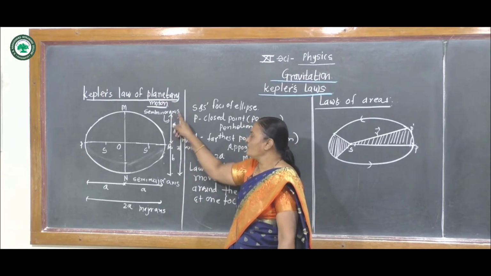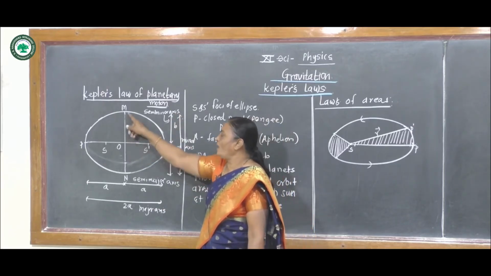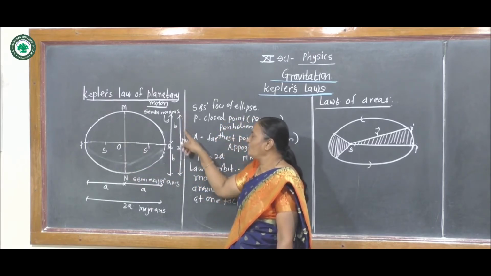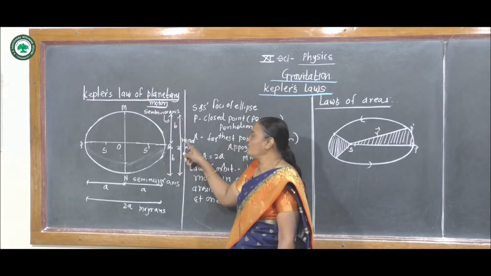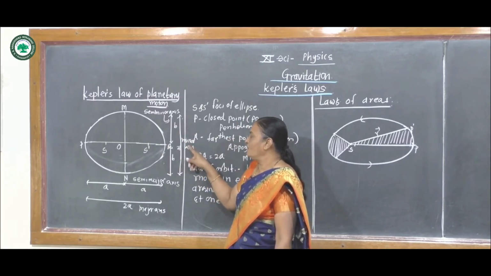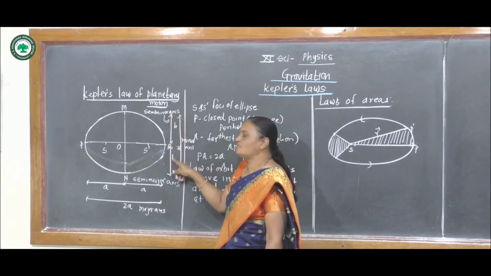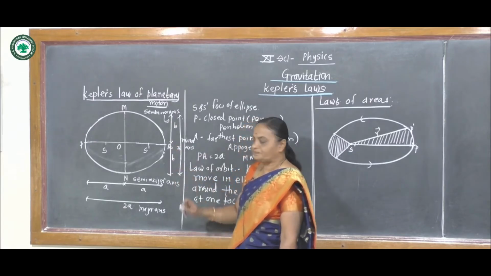This is the minor axis, the distance OM and ON, and the total distance is 2B, the minor axis. The distance B is the semi-minor axis. This distance B is also the semi-minor axis.